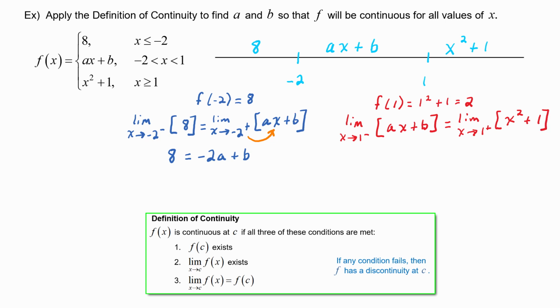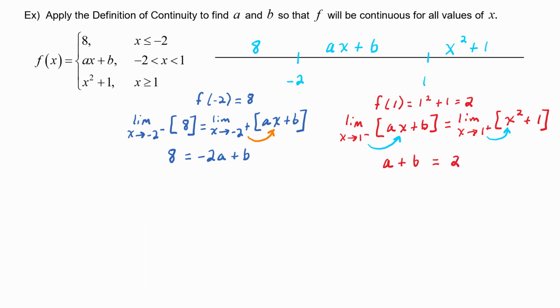Now both of these limits can be evaluated using direct substitution. So we put the 1 in for x, and this becomes a plus b equals, on the right-hand side, we put the 1 in for the x, and this becomes 1 plus 1, which is 2.